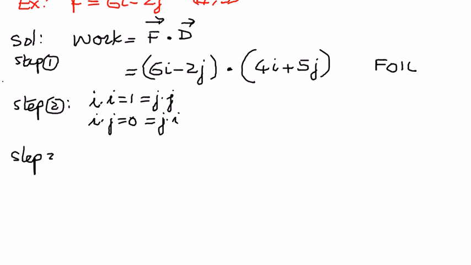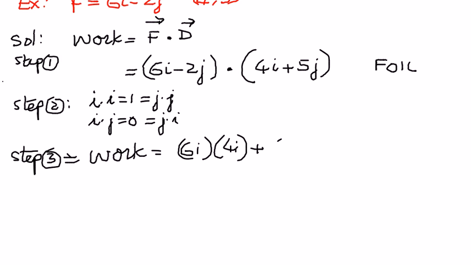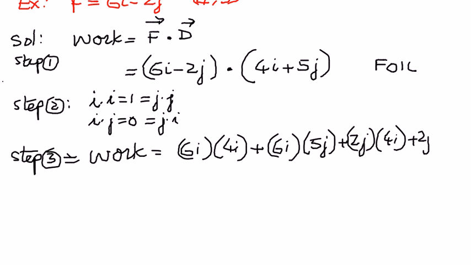So in step number 3, we're going to say work is therefore equal to 6i times 4i plus 6i times 5j plus negative 2j times 4i plus negative 2j times 5j.